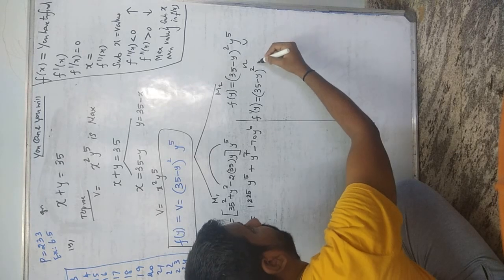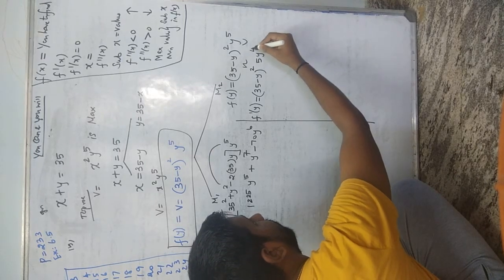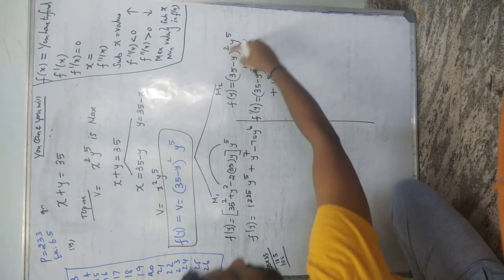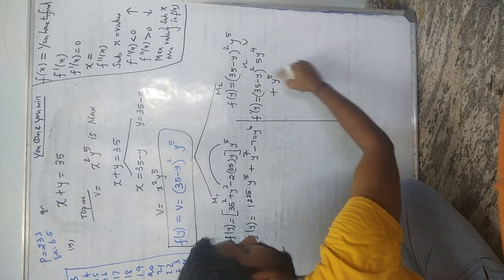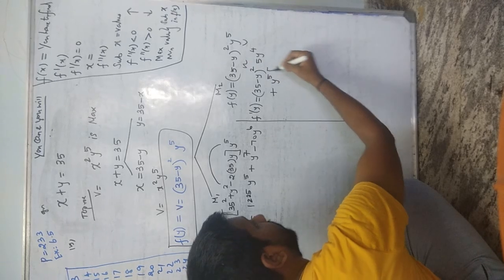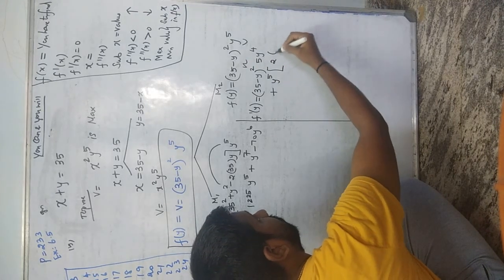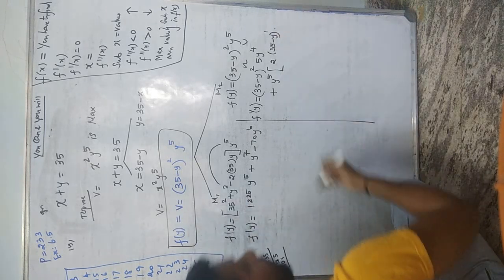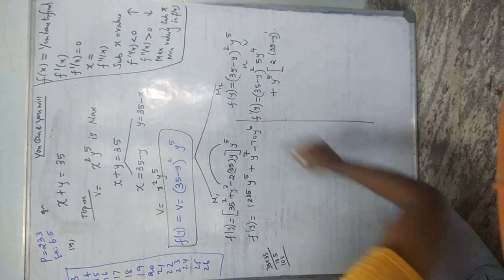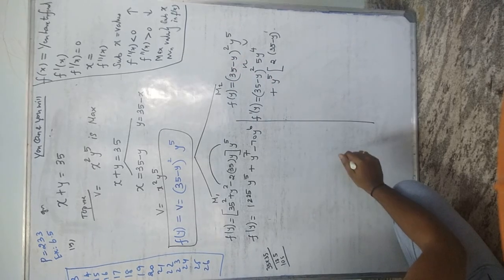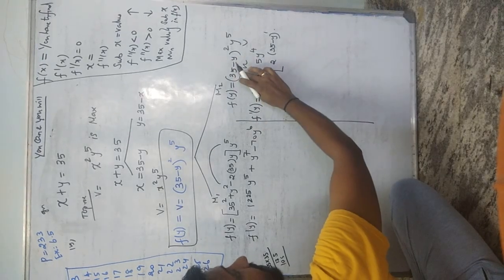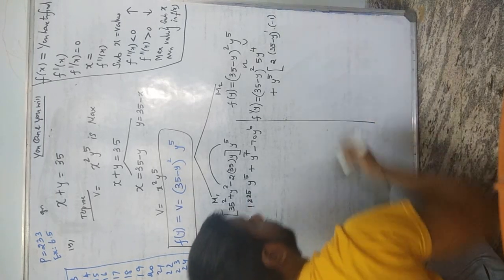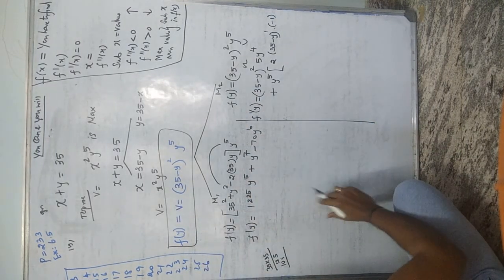If you differentiate y to the power 5, what will you get? 5y to the power 4 plus, I kept the husband and differentiated the wife. Now I keep the wife and differentiate the husband. So if you differentiate the husband, what will come? The power comes in front, and the power reduces by 1. The dot goes inside the bracket. Now differentiating inside the bracket, 35 differentiates to 0, minus y differentiates to minus 1. That is method 1, method 2.